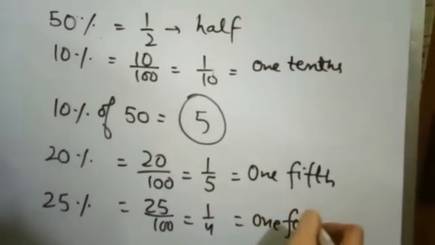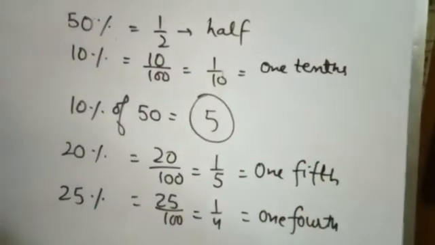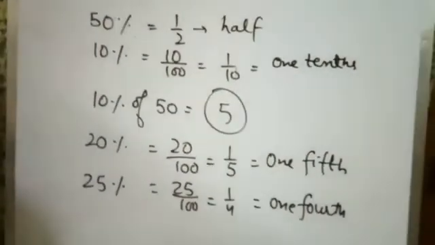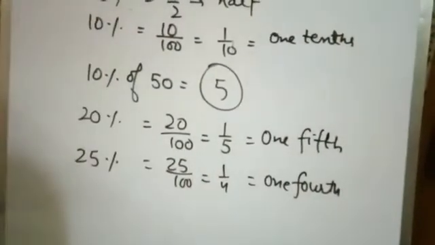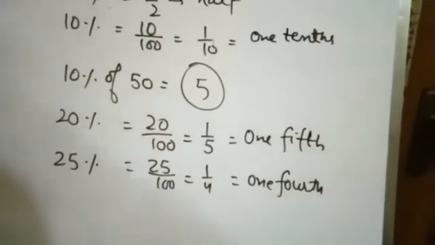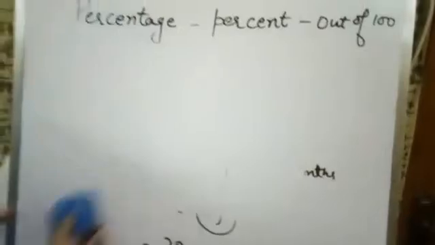So these are the simple things which you can keep in your mind to take out the values directly. Now, one more thing. Suppose you want to calculate 20% of 500.